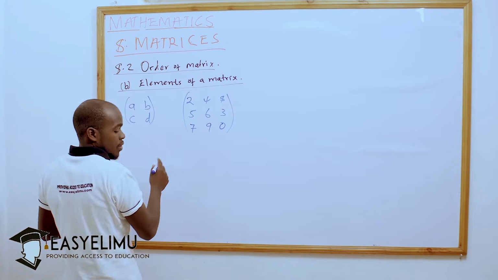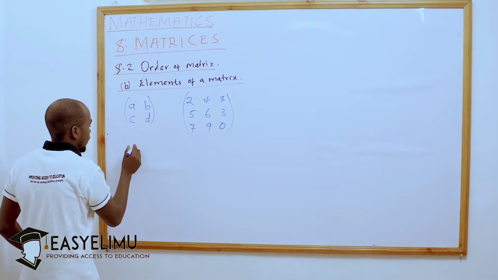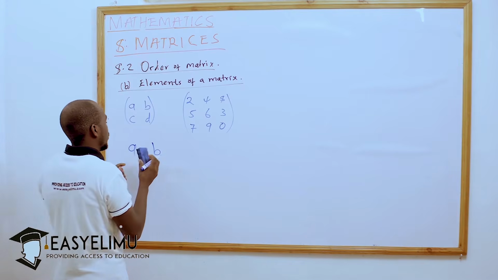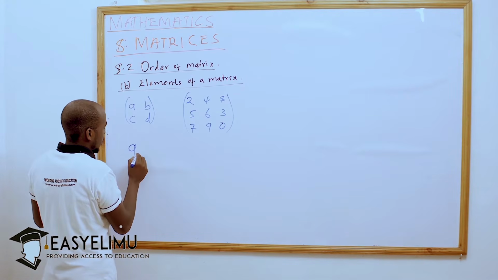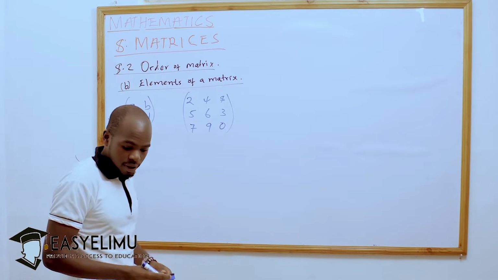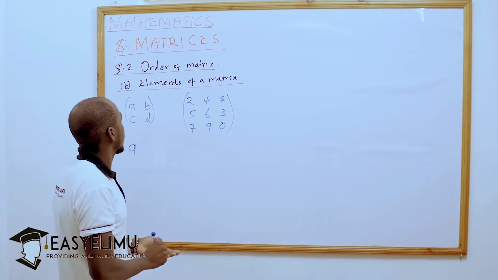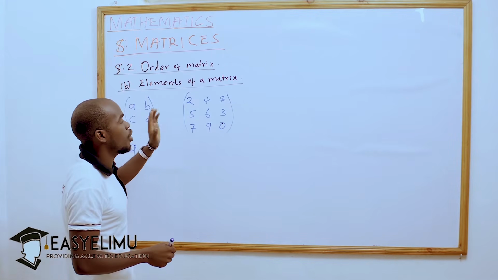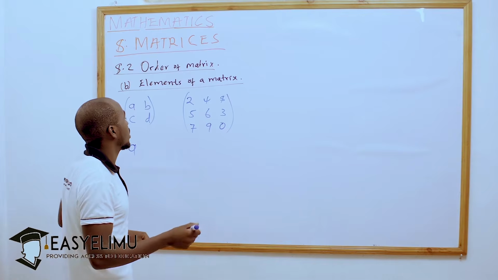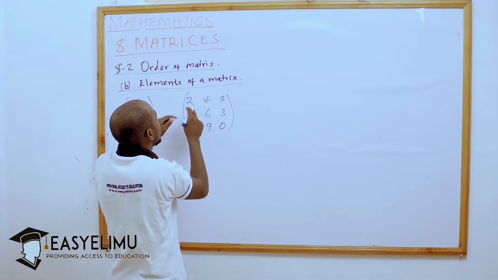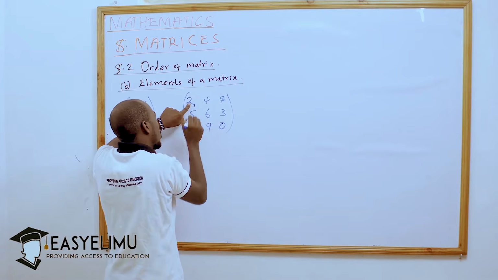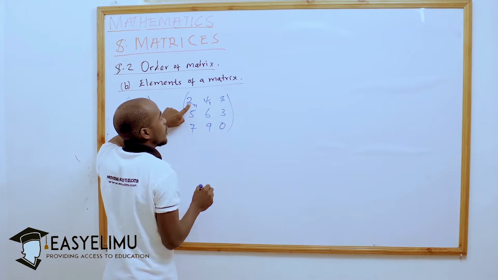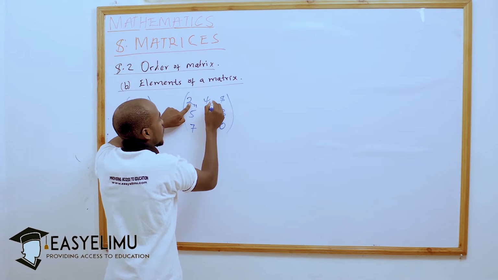For example, we may have another one like A, B, or just let's use S. Now to assign the position of each element, this one we know is located at the first row and first column. This one is at the first row and second column.